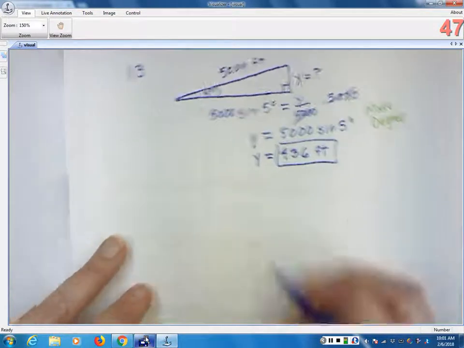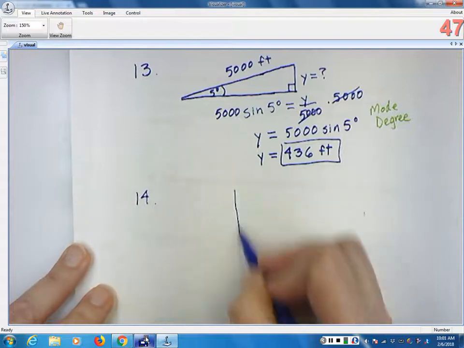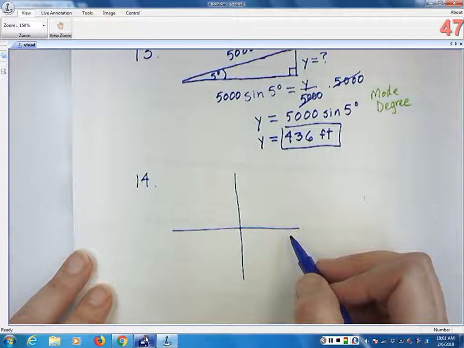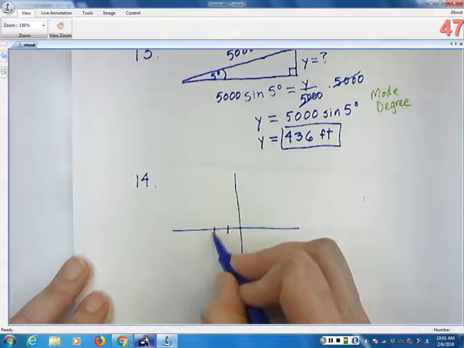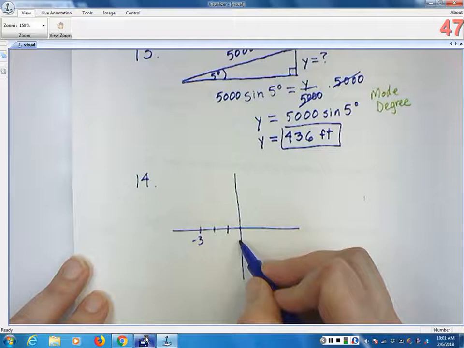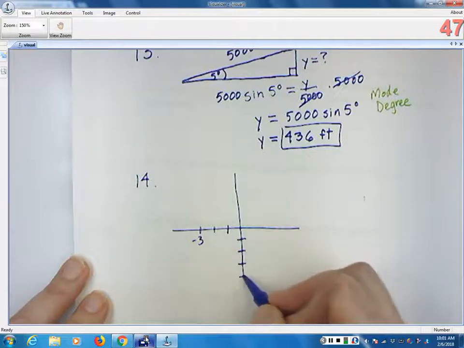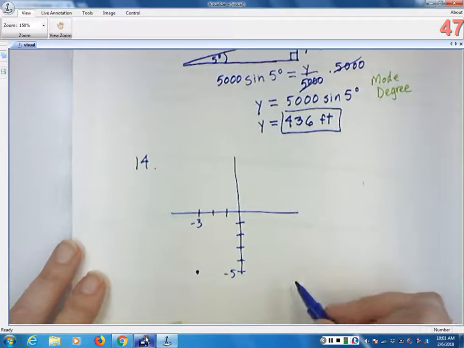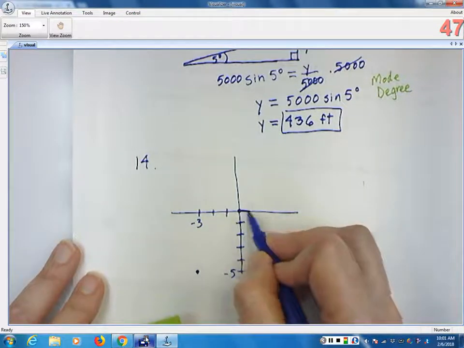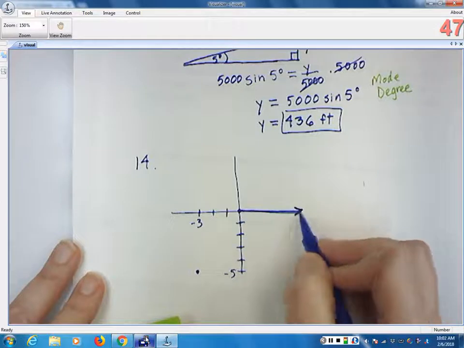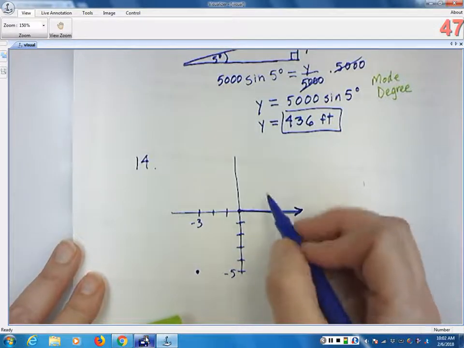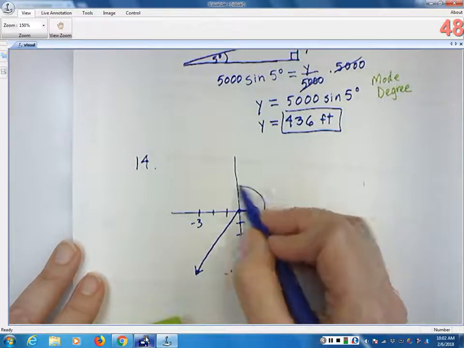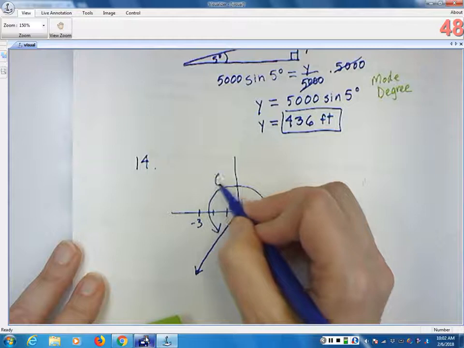This is the point -3, -5, so we'll make this 1, 2, 3, minus 1, 2, 3, 4, 5, on the terminal side of theta. Remember, standard position, and I'll say that on the test, theta is in standard position. You start at the positive x-axis. The terminal side will be here. This is theta.